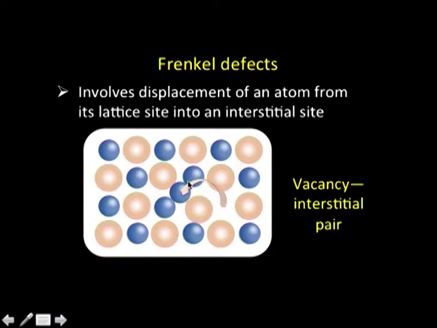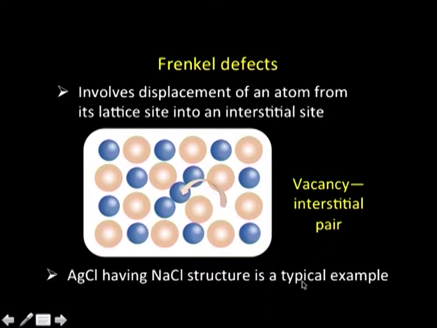So, such a thing happening means we have a cation vacancy and a cation as interstitial. Such a defect is referred to as Frenkel defect. Basically, Frenkel defect essentially constitutes a vacancy-interstitial pair, and silver chloride, having the sodium chloride structure, is a typical example.